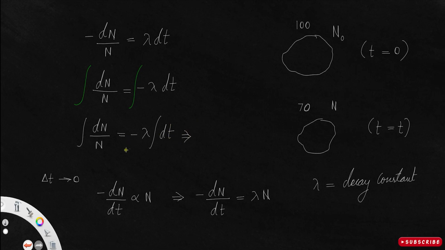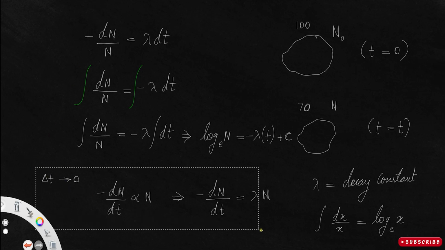We know the integral of dx by x is equal to log x to the base e. So this will be log n to the base e is equal to minus lambda into the integral of dt, which is t, and we have to assign a constant of integration.